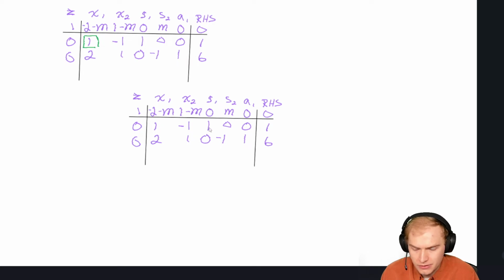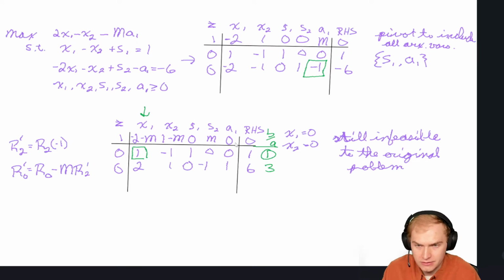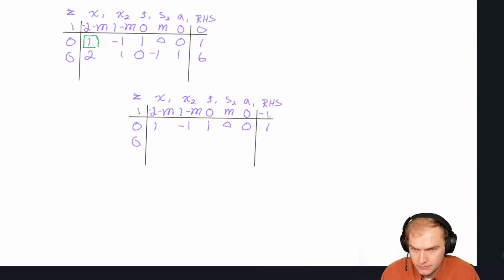We have a 1 in that row, so that row is not going to change. But I also neglected to change our right-hand side. So we need to change that. That should have been a minus M. And up here as well. Minus M. And also the objective row needs to change.